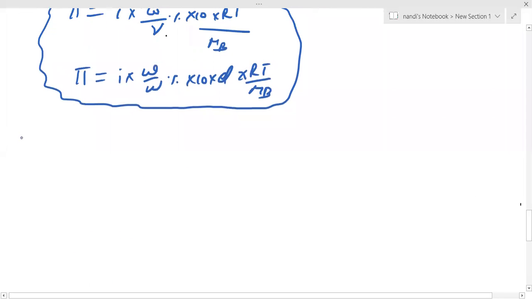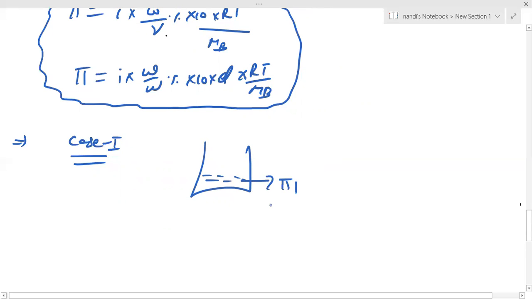Then I'm taking two different cases of osmotic pressure. Case 1: I'm mixing same-natured solutions. Initially pi 1 is the osmotic pressure and the volume is V1.